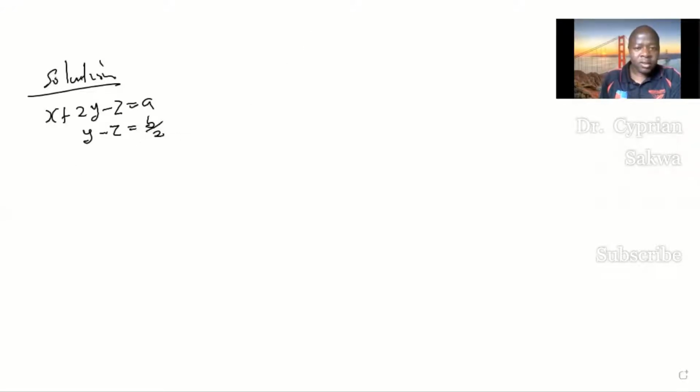You notice that in equation 1 the leading element is x, and in equation 2 the leading element is y. So it means that z is a free variable. So we let z be t, and then solve this system going up.